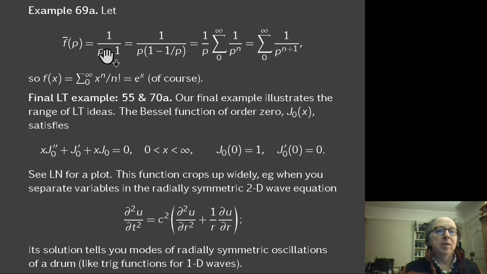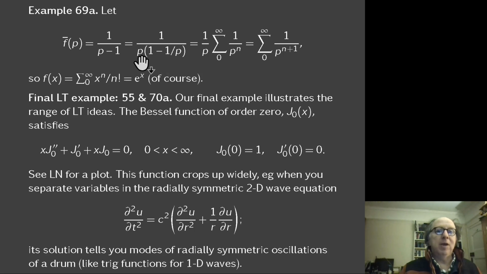Here's a simple one. Take the function 1 over p minus 1. Well, of course, you know what the answer is if you invert that. Pretend we didn't for a minute. 1 over p minus 1. We want to expand this for large p. So we have to first of all take a factor of p out of the bottom.